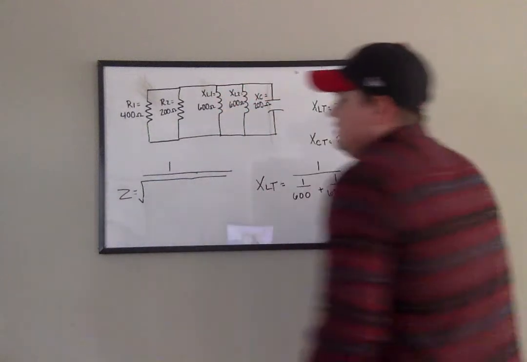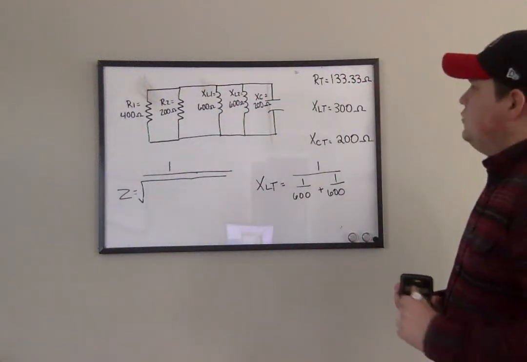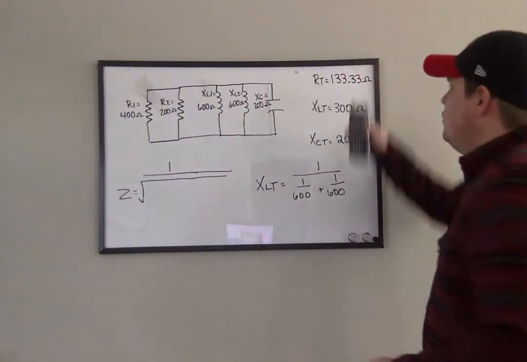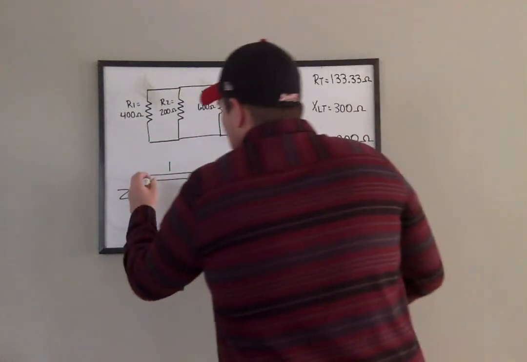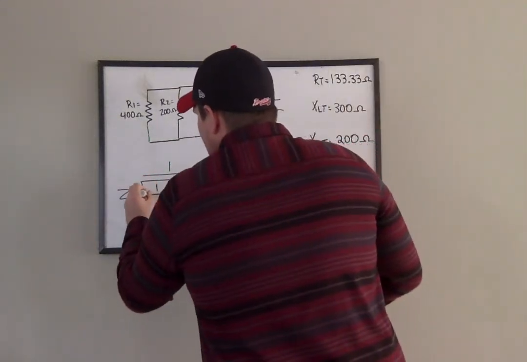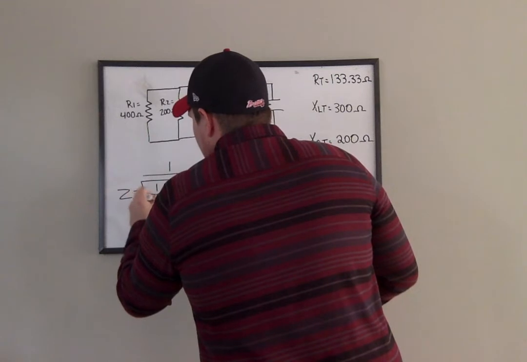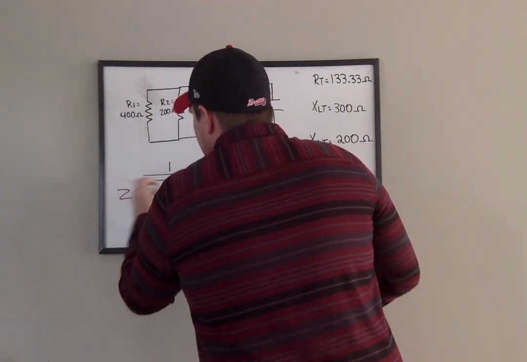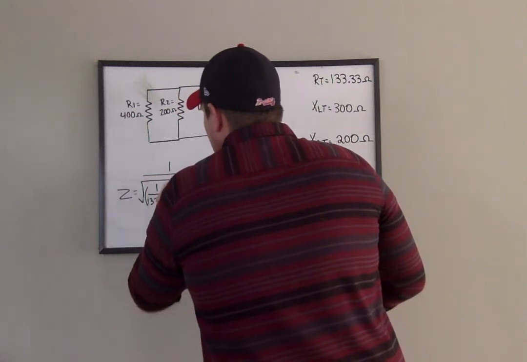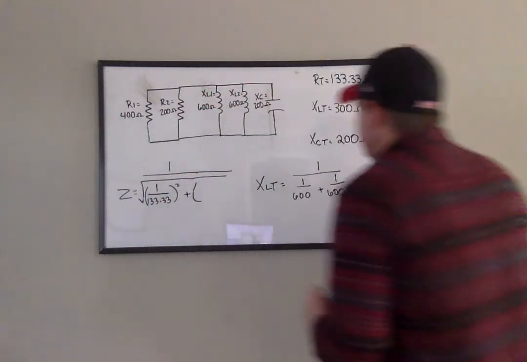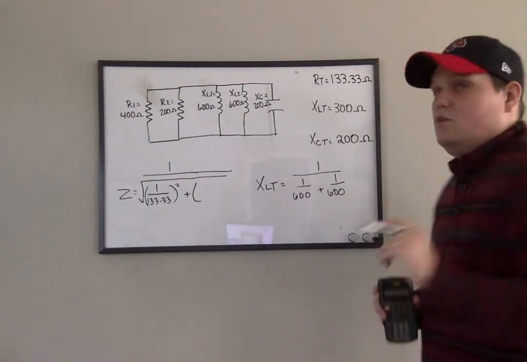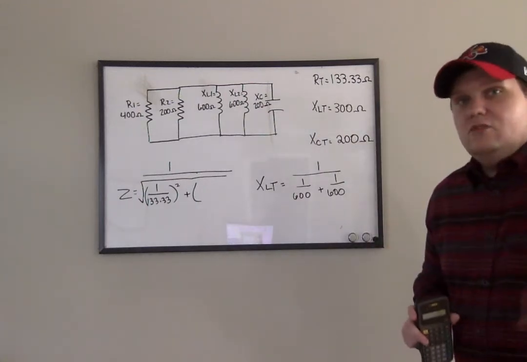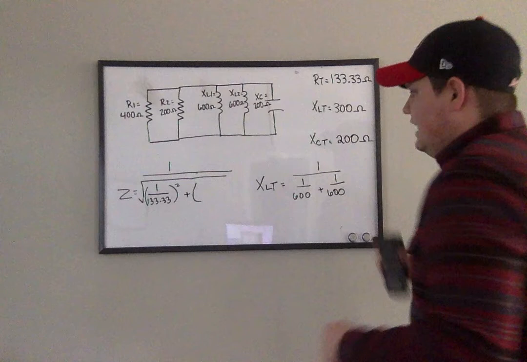So, I have 1 divided by the square root of 1 over R squared. So, that's going to be 1 divided by 133.33 squared plus parentheses 1 divided by XL minus 1 divided by XC.